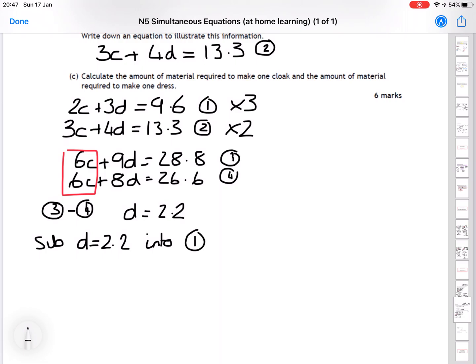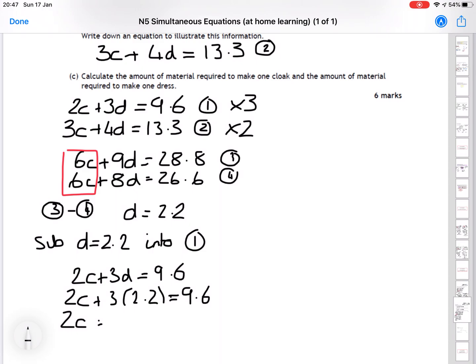into equation number 1. So equation number 1 was 2c plus 3d is equal to 9.6. So we're going to swap the d for 2.2. So we're going to have 2c plus 3 times 2.2 equals 9.6. So that's going to give us 2c plus 6.6 equals 9.6.